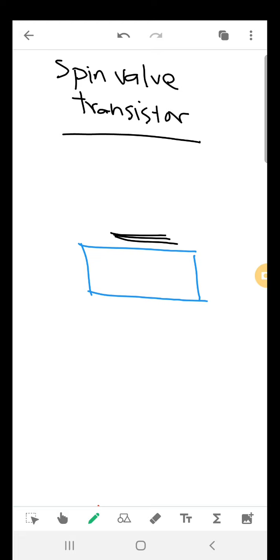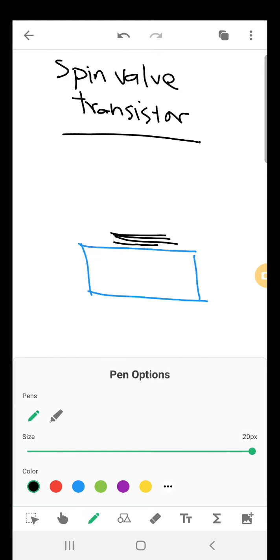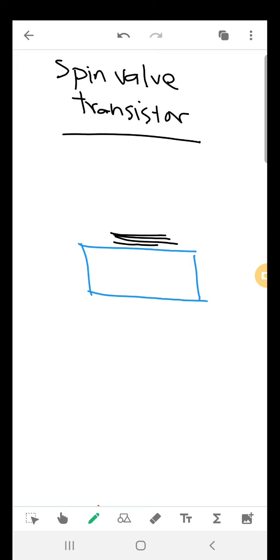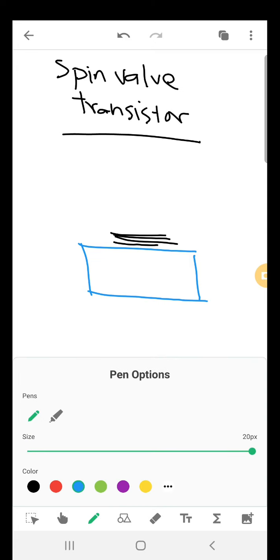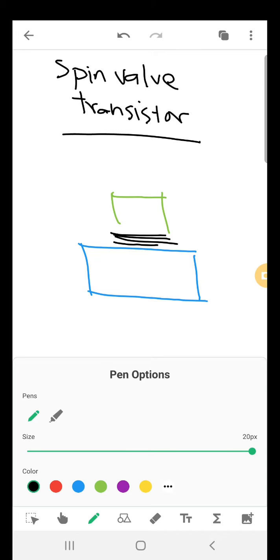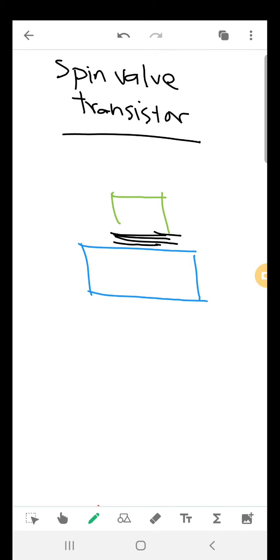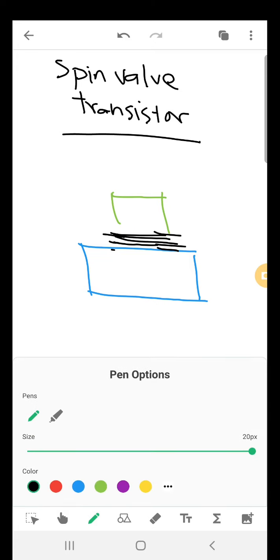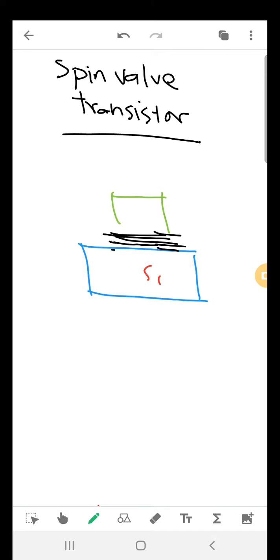and then again there is another silicon wafer. So this is a silicon. This is basically the collector.